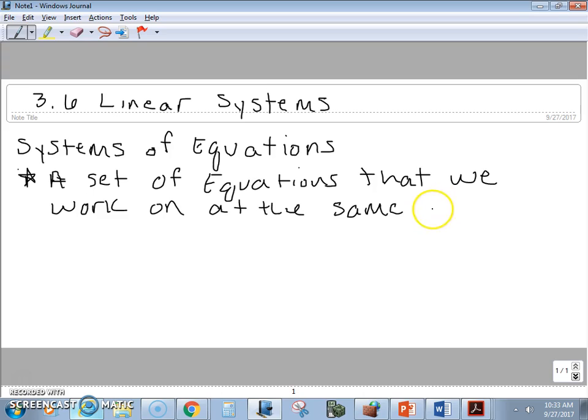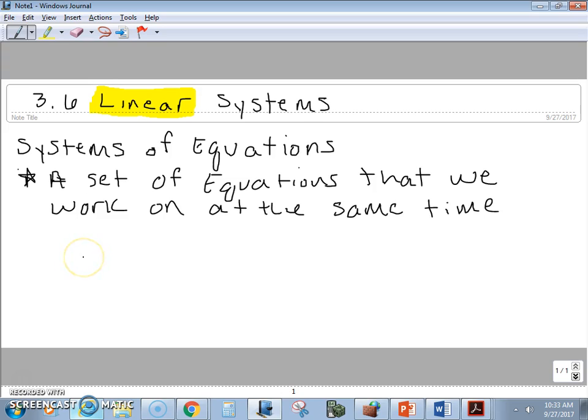In the past, we have done just two equations and two unknowns. Right now, we're working with a linear system, so we're working with two straight lines. And then we're going to move to three straight lines and three variables.